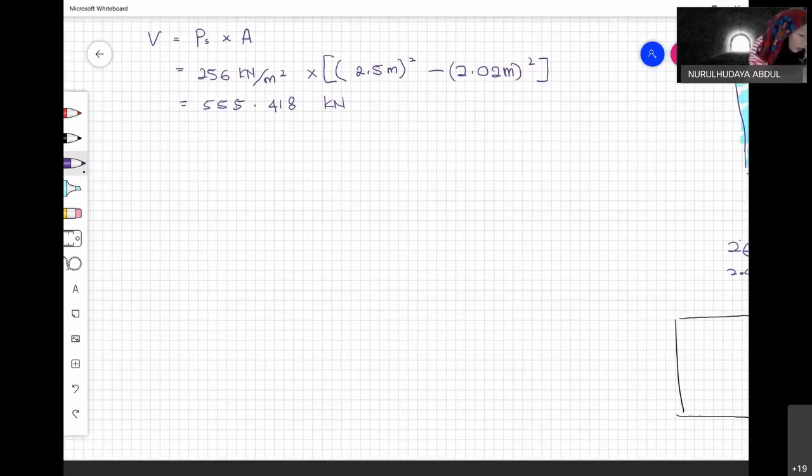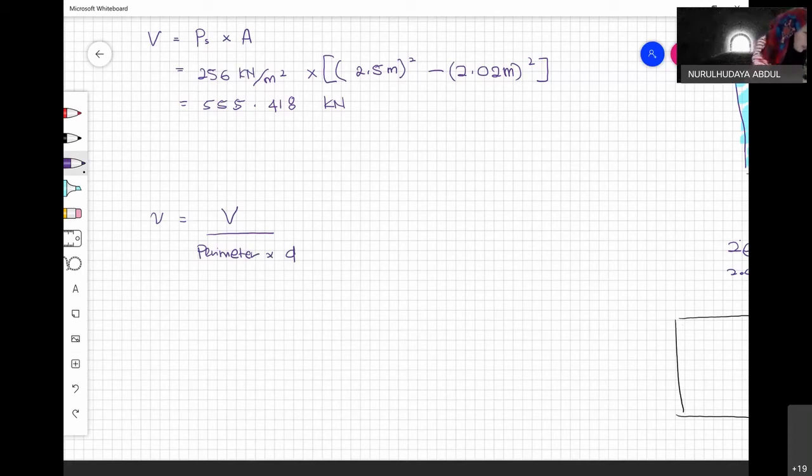Okay. And then what we need to do next is kita nak cari dia punya V. V, which is formula dia is shear stress divided by perimeter, and you kena darab dengan D. So perimeter dekat sini or circumference lah kita boleh panggil.